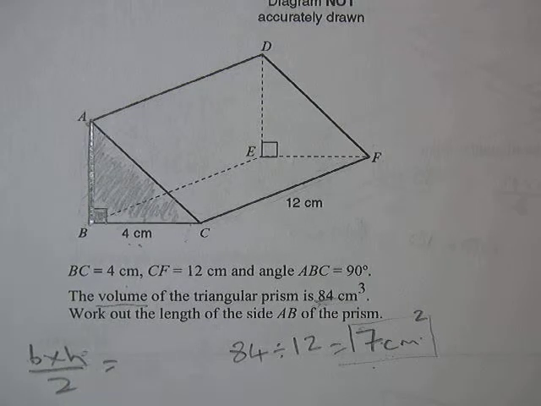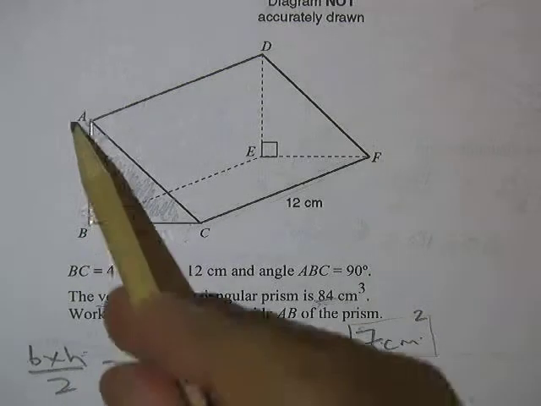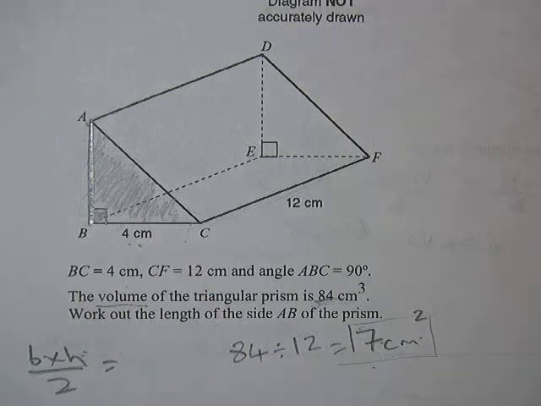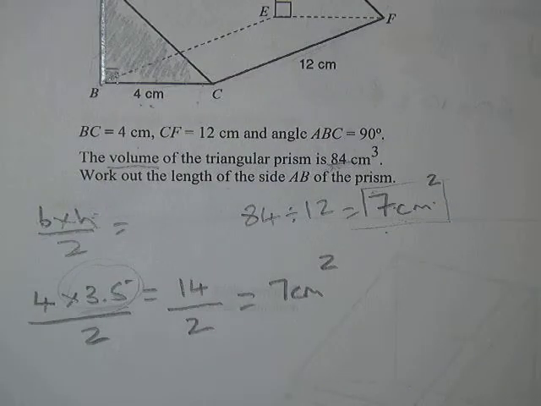So base times height has to give me 14. So I worked out by dividing 14 by the base that I needed 3.5, because only 3.5 times 4 will give me 14. When I divide that by 2, I'll get 7 centimeters squared, which is the area of the cross section I worked out earlier. Let me just show you that.